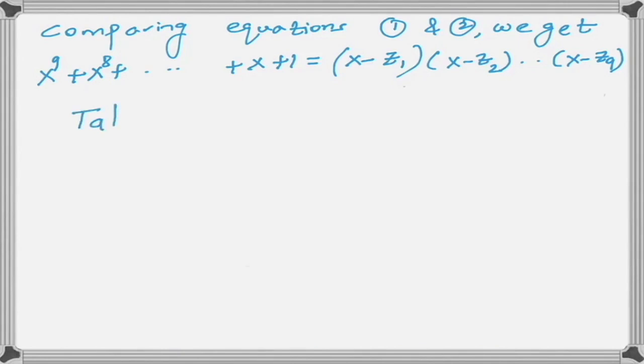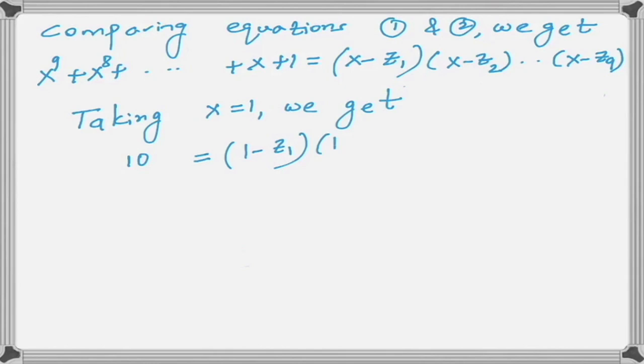Taking x equal to 1, we will get 10 is equal to (1 minus z1) into (1 minus z2) and so on up to (1 minus z9).